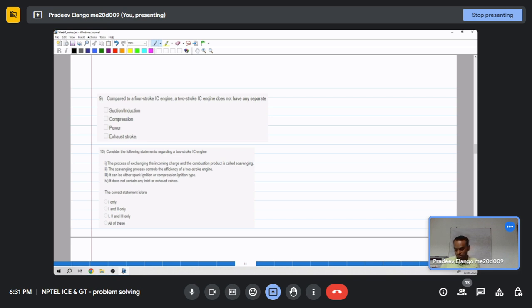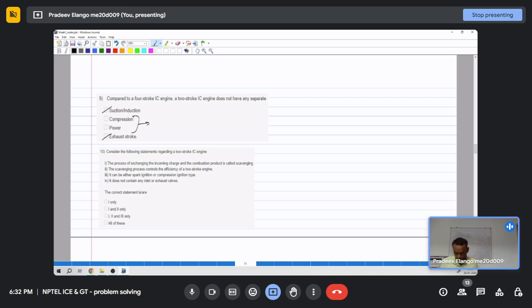Can you answer this? So the two-stroke engine does not have suction, induction and exhaust stroke. It has only compression and power stroke.